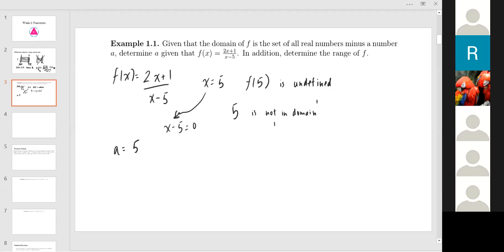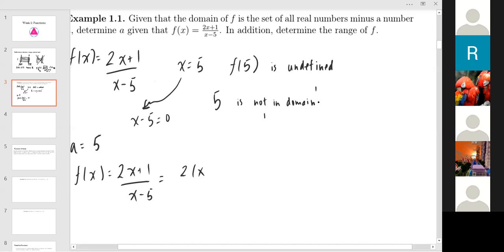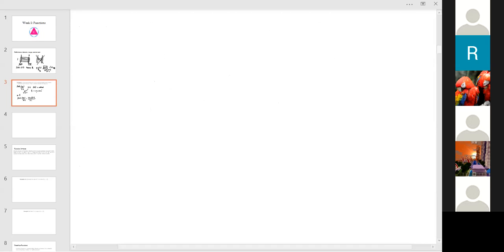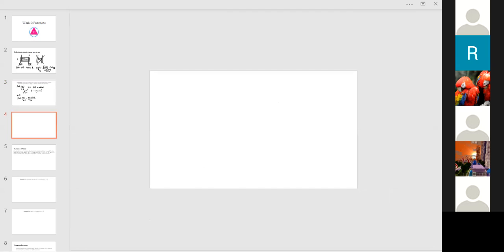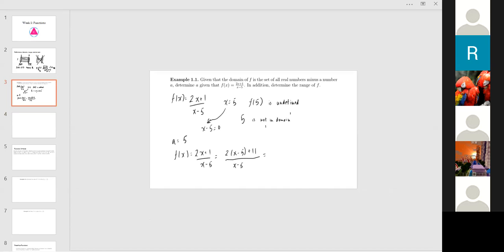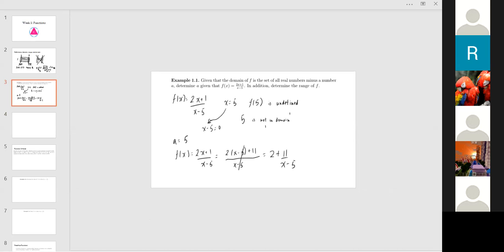So now to determine the range of f, one way to do this is that we can rewrite this function as 2 times x minus 5 plus 11 over x minus 5. And this is equal to 2, because this cancels, plus 11 over x minus 5.